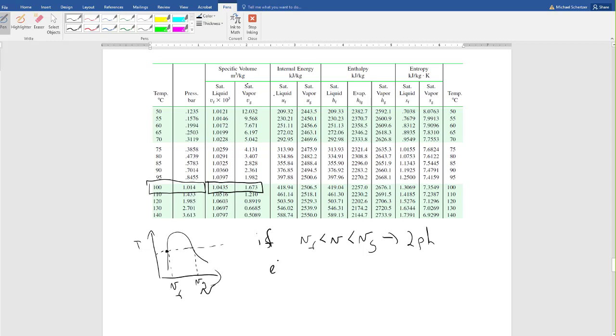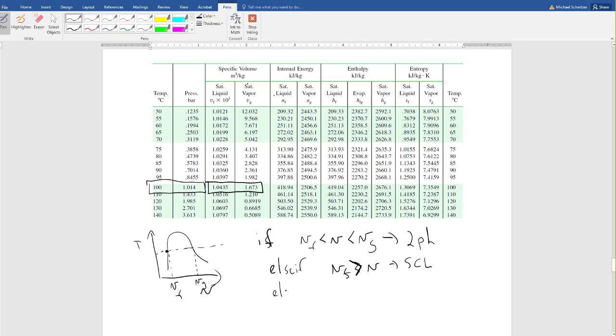But else, if vf is greater than v, then this would be a subcooled liquid, because if v is somewhere over here, then this is a subcooled liquid.